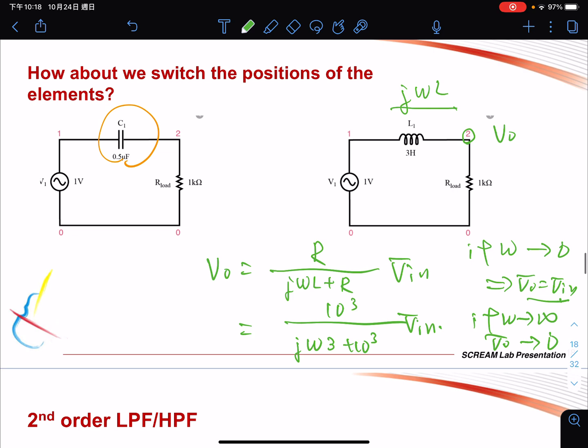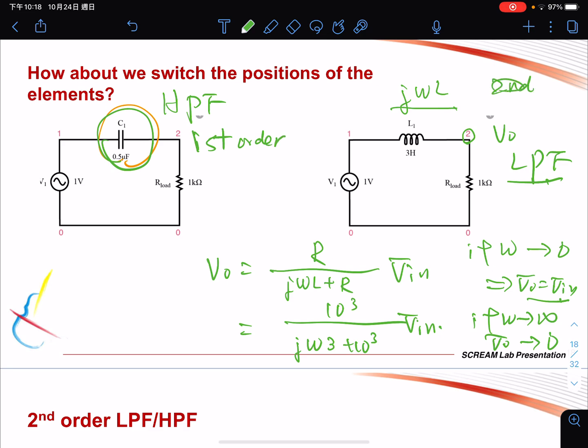So obviously this one is a low pass filter. Comparably, if we put a capacitor here, this one is a high pass filter and the first order. And this one is also first order, but this is a low pass filter.